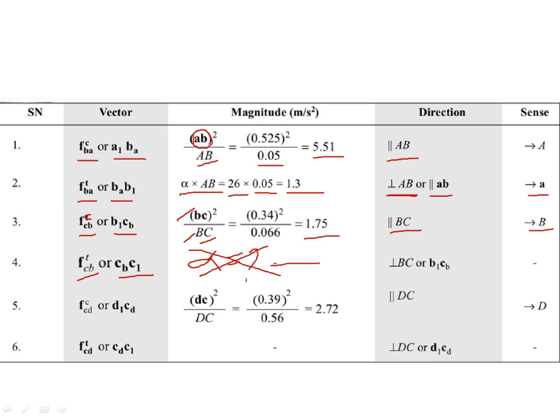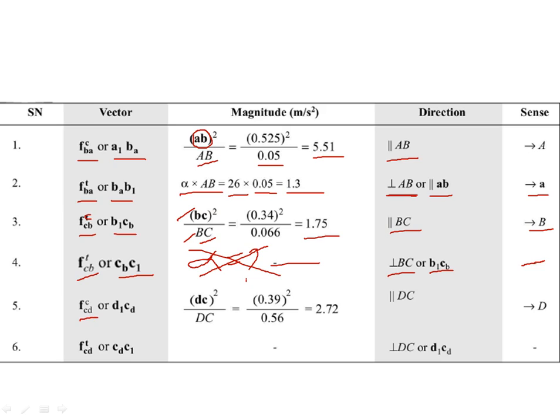We don't know the magnitude, but we know the direction, because when you take CB, it should be perpendicular to that link only. So you can take it perpendicular to BC, or B1 CB. From where it will start is not known to you, so just leave it blank.